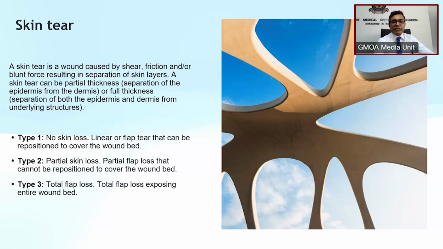But when there's partial skin loss, then you might need to reposition some of the tissues to cover that wound. Of course, when there's a total flap loss, you might need to do additional things. So you should know what to do and what not to do in these three types.